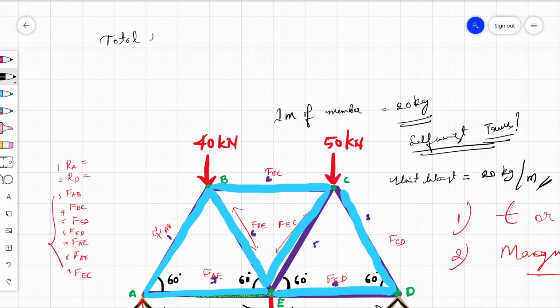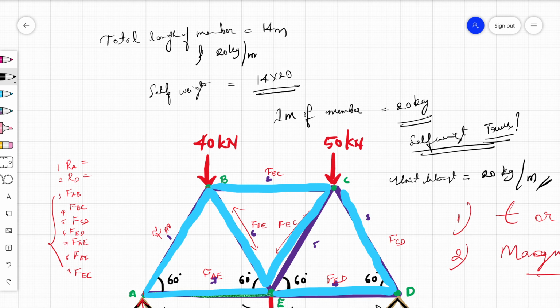So what you have to do is find the total length of members, which is 14 meter, and per meter they said 20 kg per meter. Then self weight is 14 into 20.